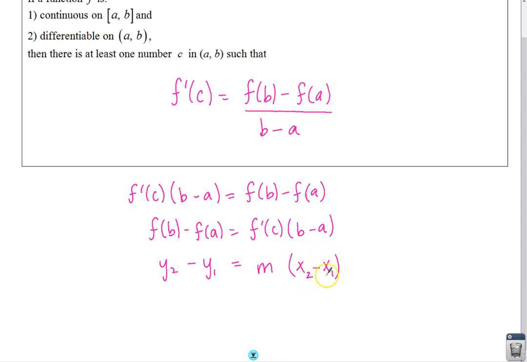Oh, that means this is in the wrong spot. I need to divide that over. So m, or slope, is equal to y2 minus y1 over x2 minus x1. Oh my gosh. MVT, instantaneous rate of change. Slope.